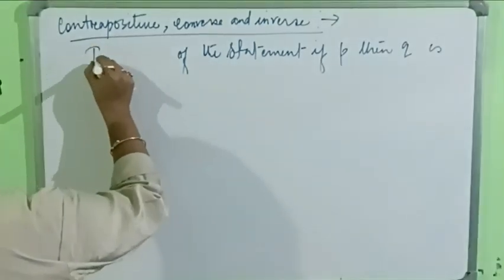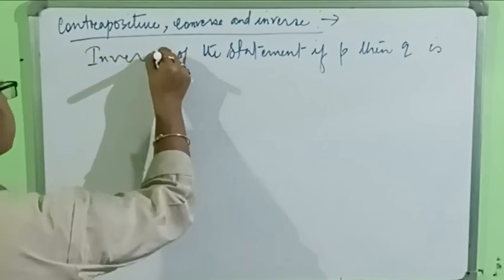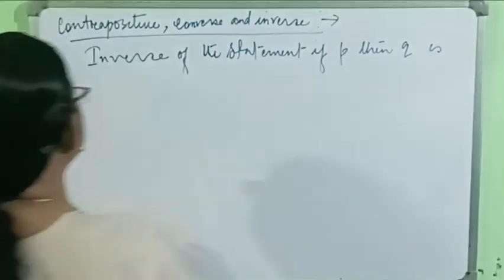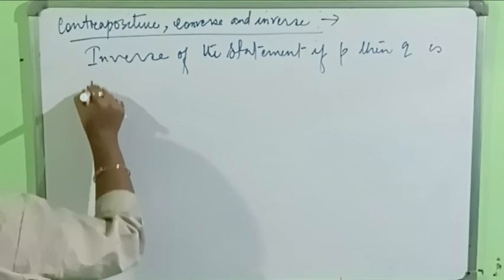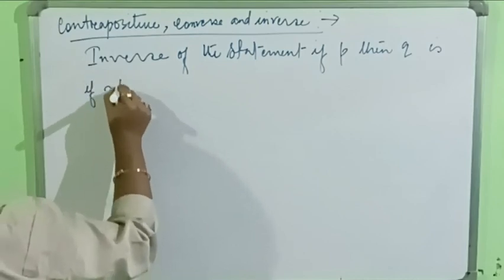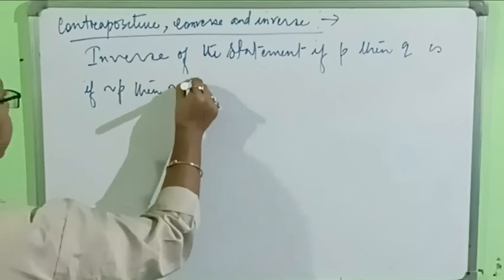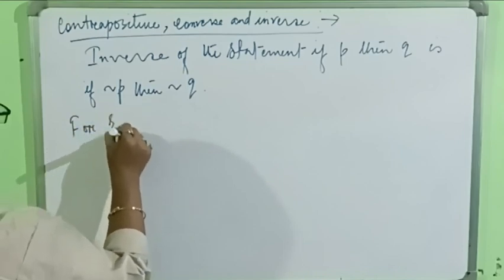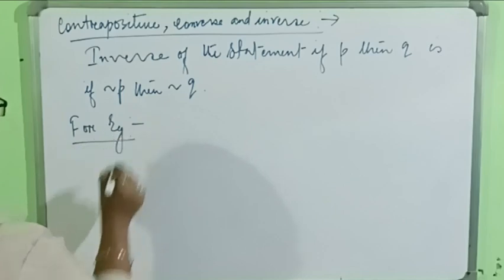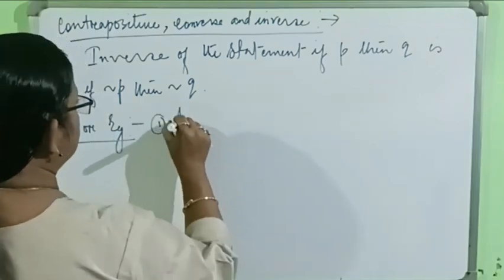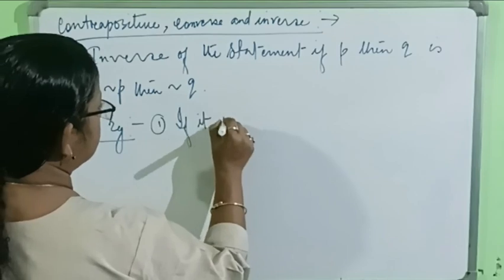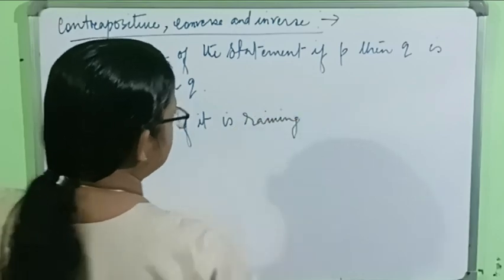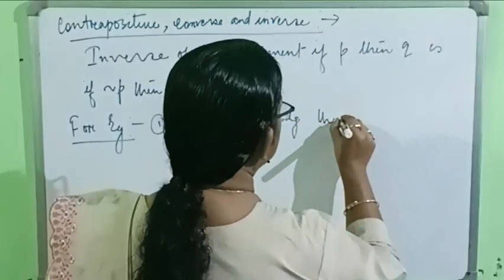The inverse of the statement if P then Q is if negation P then negation Q. For example, number 1: if it is raining, then it is cold.